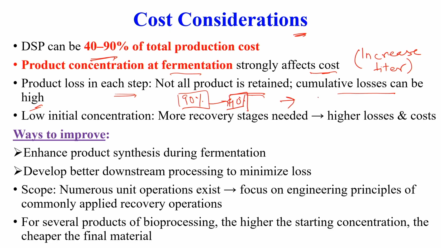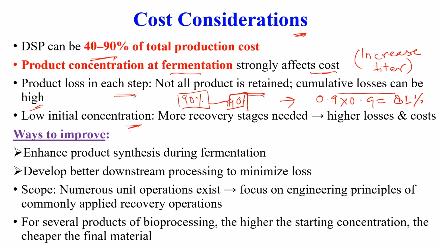The overall efficiency is now 0.9 times 0.9, which means it has become only 81%. So you see there is cumulative loss as the number of steps in downstream processing increases.